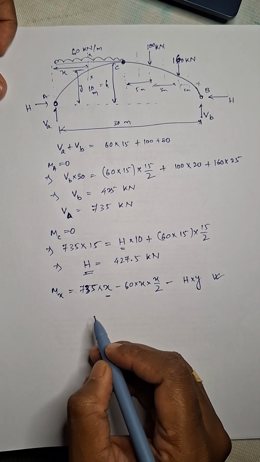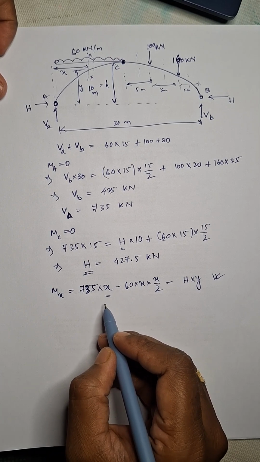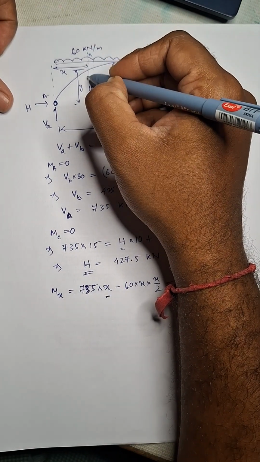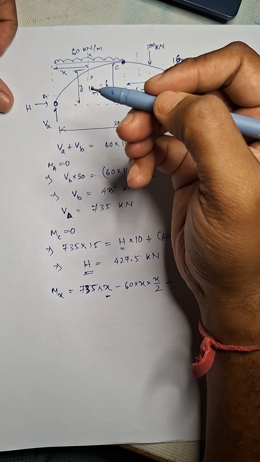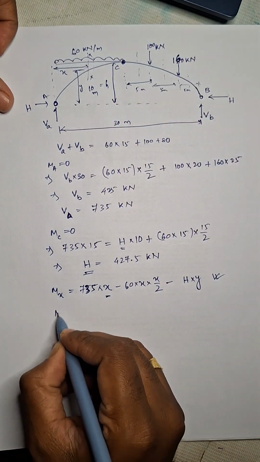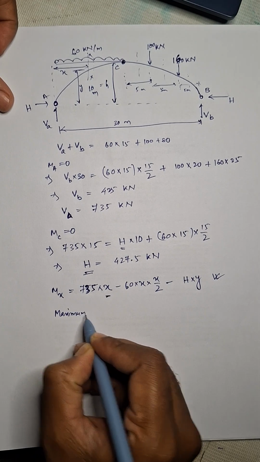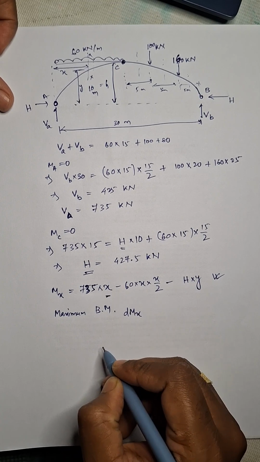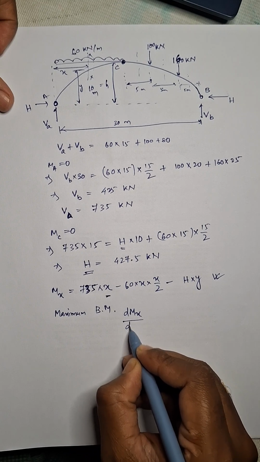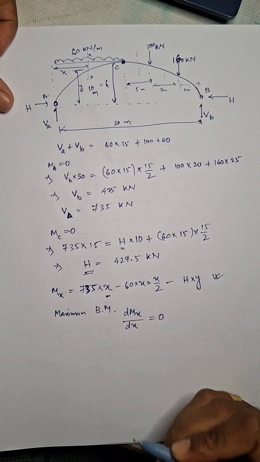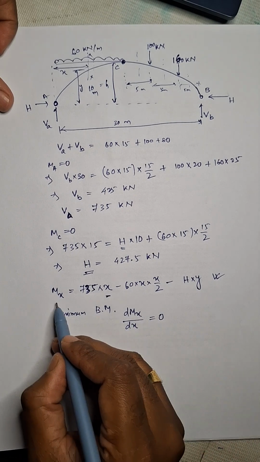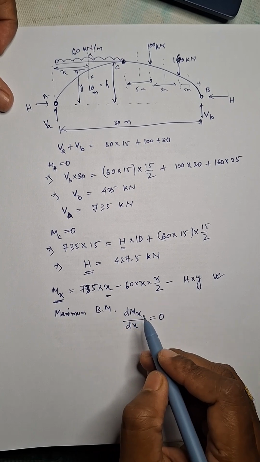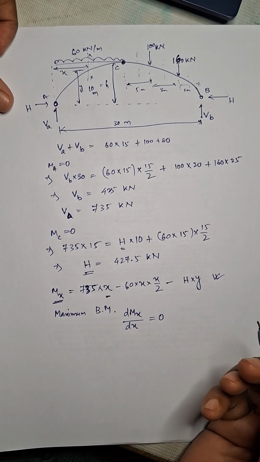If in your question it is asked to find the distance x where the bending moment is maximum, then for maximum bending moment, the differentiation of the moment with respect to x, dMx by dx, must equal 0. From this we can find the value of x, and at that distance the bending moment will be maximum.